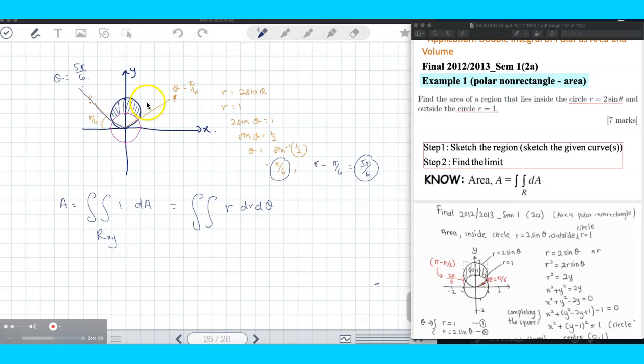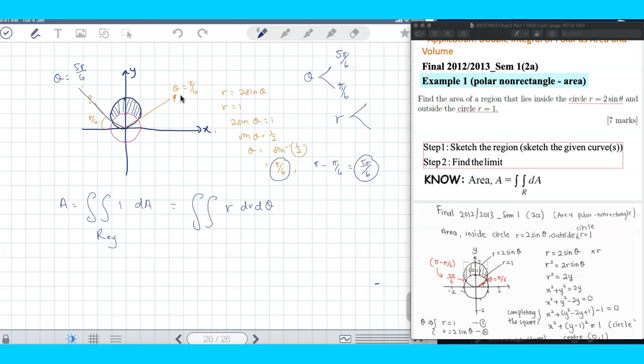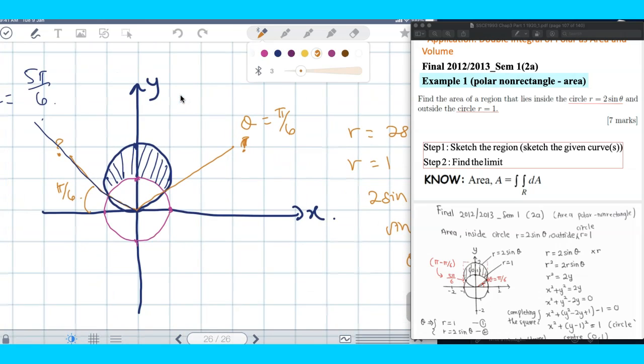Obviously, from the diagram here, the region is lying between theta equal to pi over 6 to 5 pi over 6. Okay. And then how about the r? How can we determine the r? You have to provide the line. So the line is starting at the origin.